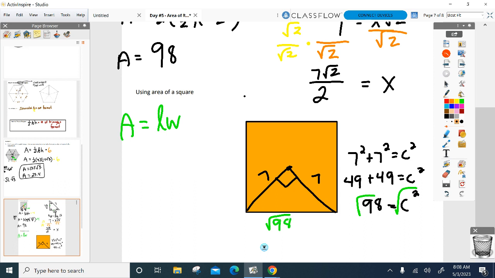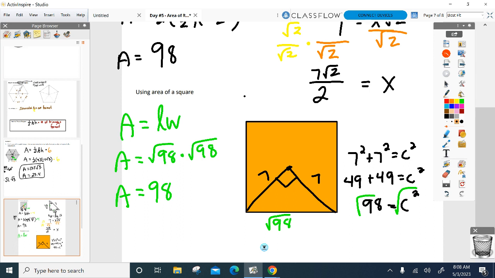You could break that down if you want, but it's not going to be needed. And it's a square, so what's any other side? Square root of 98. So when I go length times width, it's going to be the square root of 98 times the square root of 98. And magic pops out. 98.